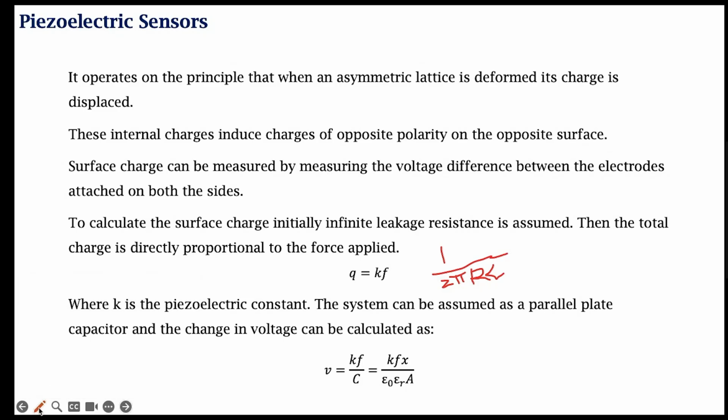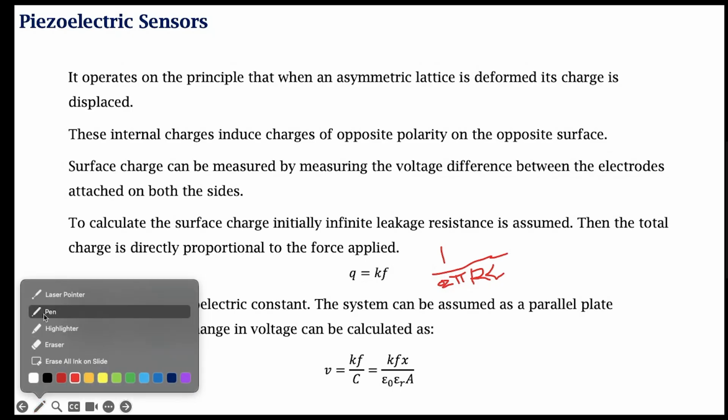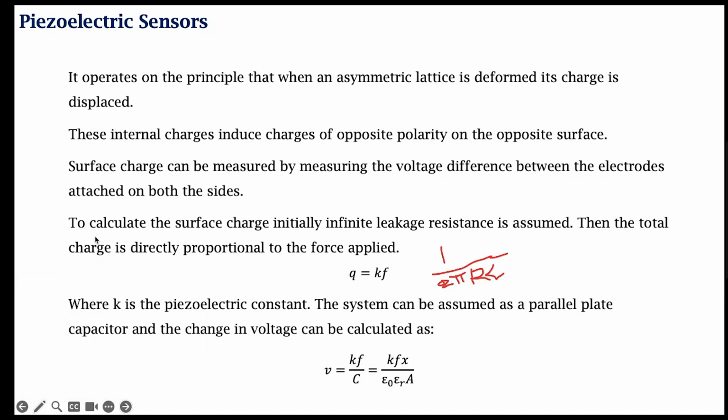It looks like Z, so I'll make it R here. What is R here? R here is the effective resistance, which you need to compute, and then compute the lower cutoff frequency. This is how we can find the corner frequency or the lower cutoff frequency.